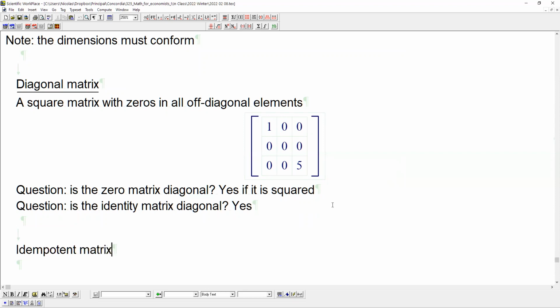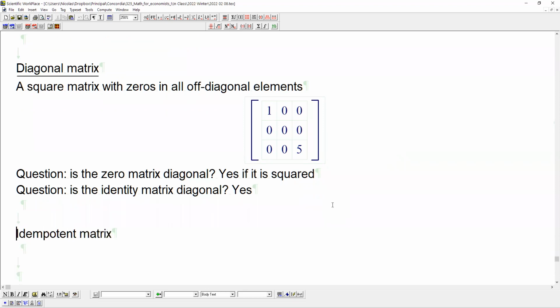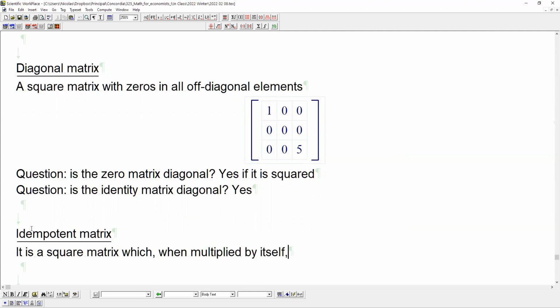Idempotent matrix. It is a square matrix which, when multiplied by itself, yields itself.